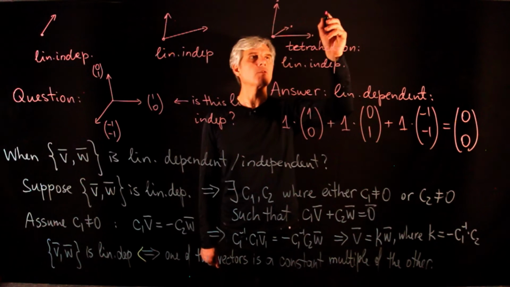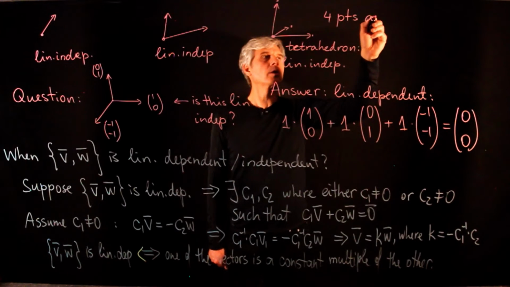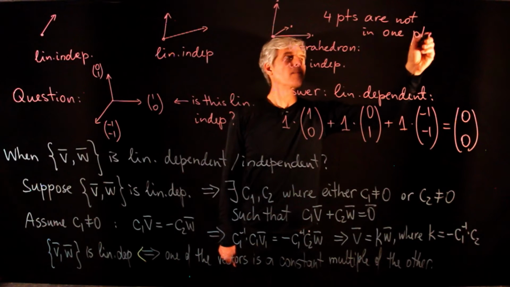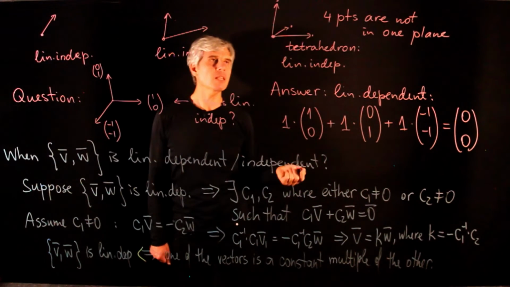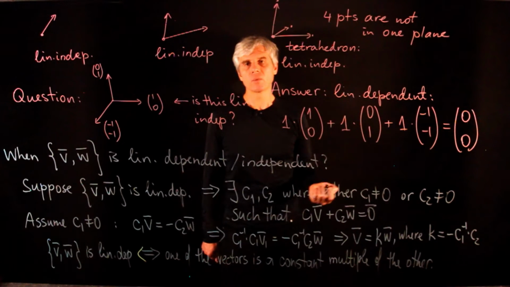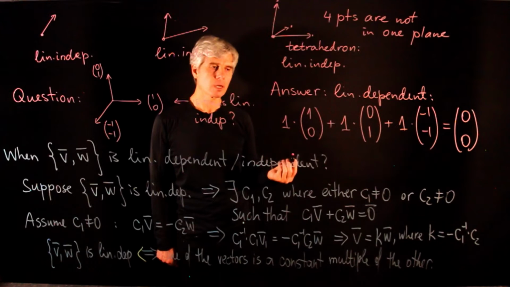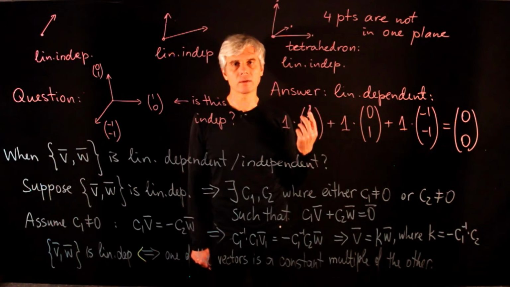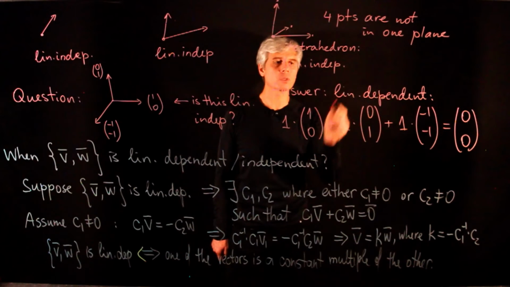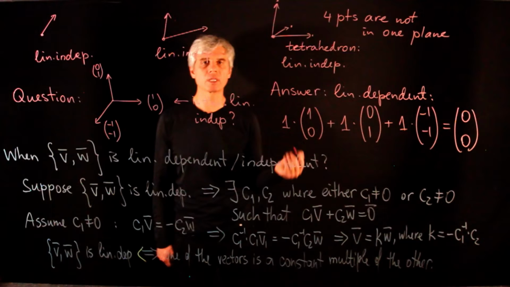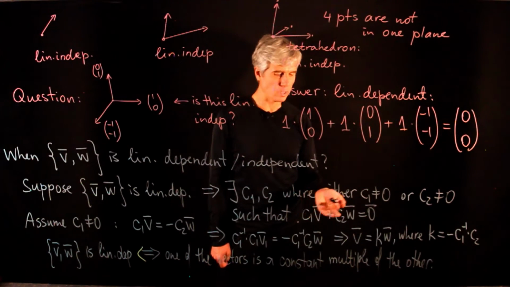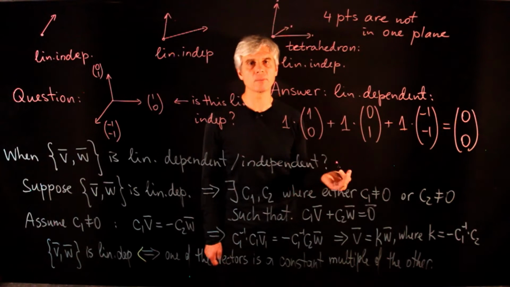Right? So these 4 points are not in one plane. And we can appreciate that we actually have seen the definition of linear independence when we discussed Euclidean geometry on a plane and in three-dimensional space. Right? Only we did not use this term. So I encourage you to revisit your notes on this subject and see where we had the definition of linear independence.